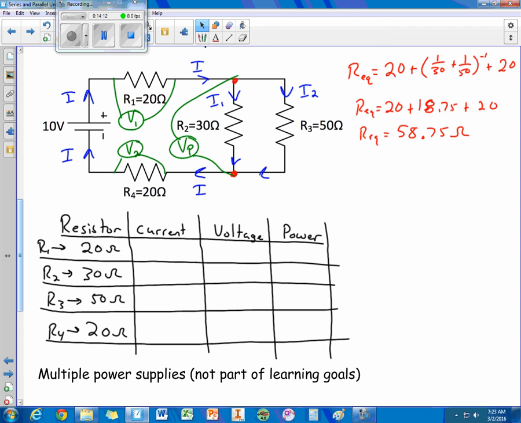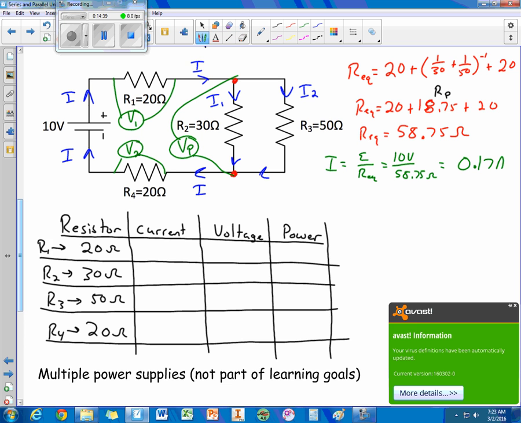And this 18.75, I'm going to label that RP because that's the parallel resistance for R2 and R3. Now we can go ahead and calculate our main current. So that's going to be 10 volts divided by 58.75 ohms, or 0.17 amps.